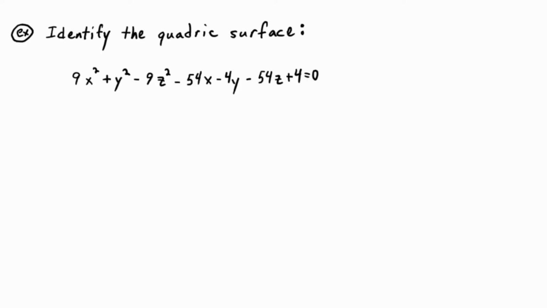So we're not even sure what the heck it is, but if we complete the square, I think it'll become clear, hopefully. So what do we group together first of all? Powers of x, right?